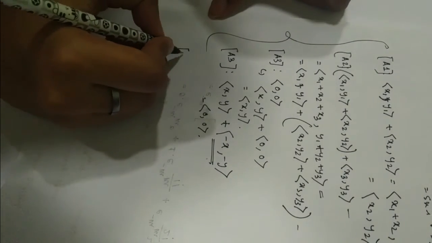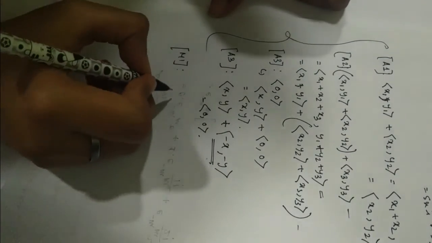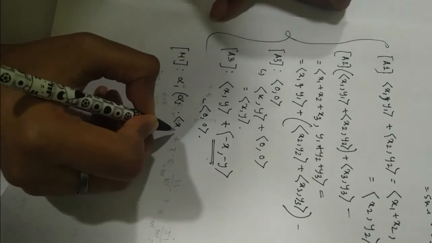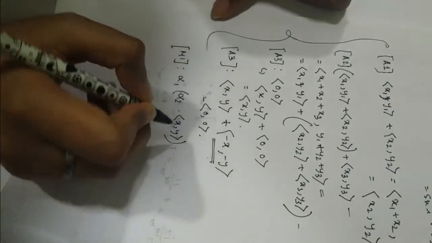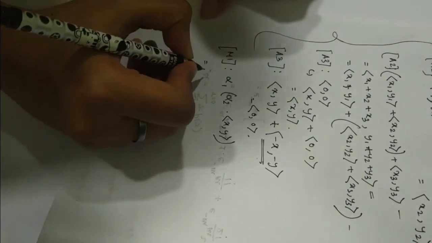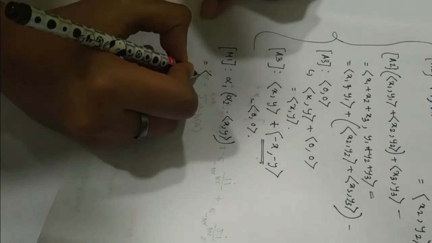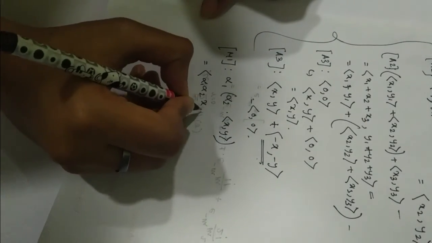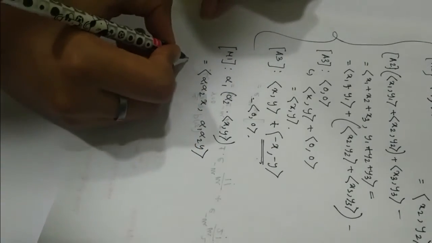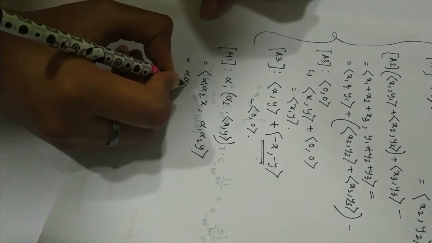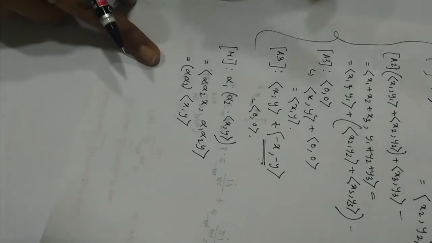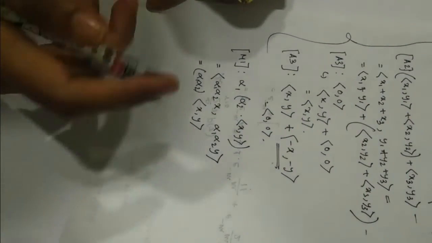Now we have to see the rules of multiplication. For alpha 1 alpha 2 (x, y), we have to show that this multiplication is the same as normal multiplication. This is nothing but (alpha 1 alpha 2 x, alpha 1 alpha 2 y), right, which equals alpha 1 alpha 2 times (x, y), we can take that common. That means it is getting multiplied like normal multiplication.